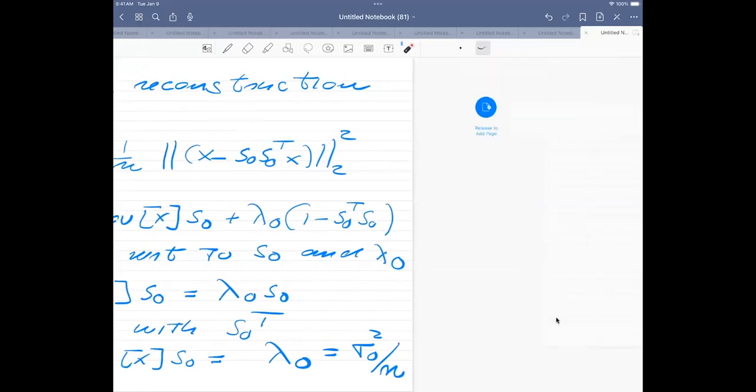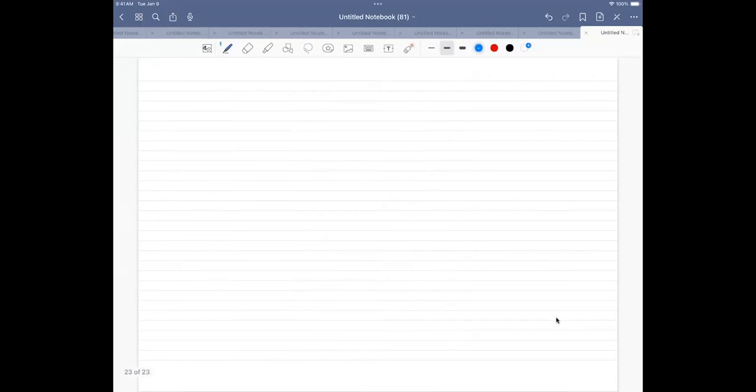And then you would continue by induction. So you could take the next eigenvector, which is S1. And then you have a new Lagrangian, which is the function you want to optimize with respect to the parameters. So you have a covariance.